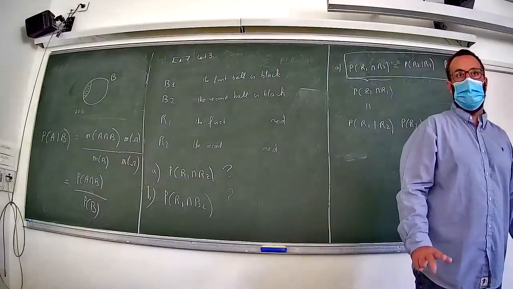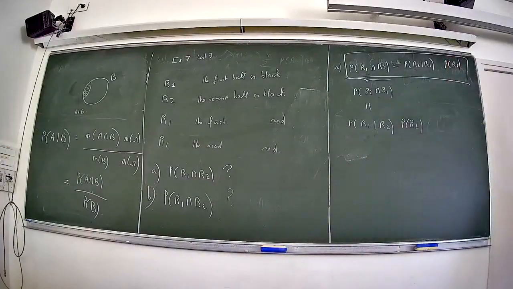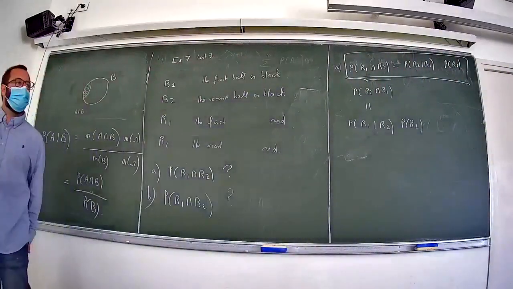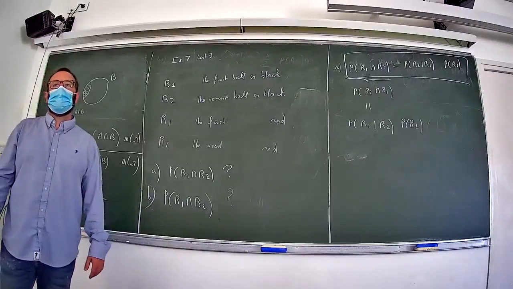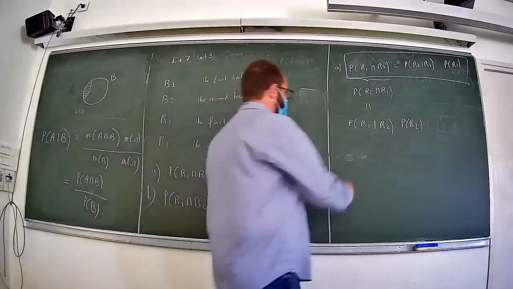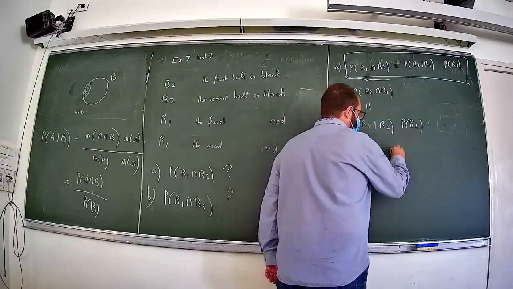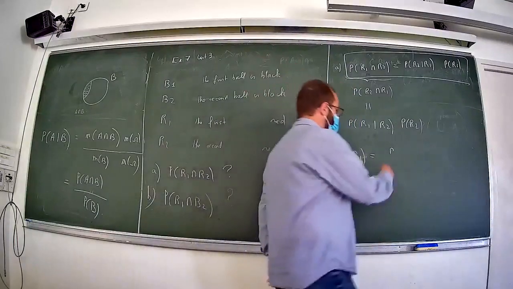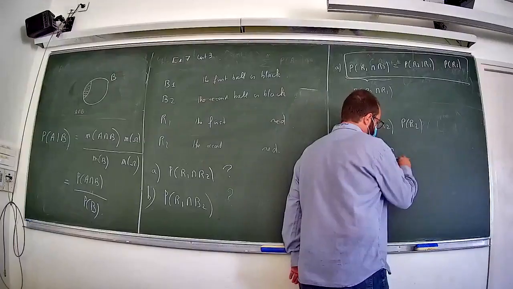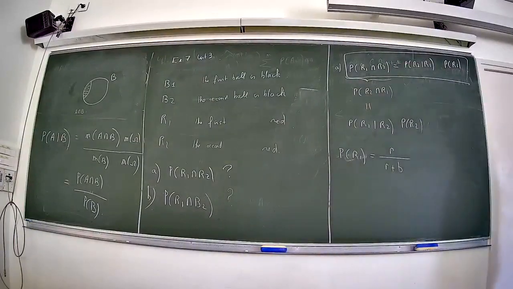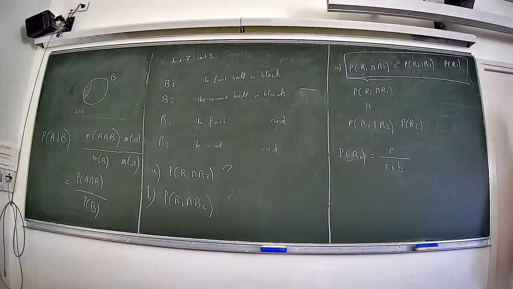R. R1, okay. R1 means the event that I choose the first ball and it is red. So what is the probability that my first ball is red? So P of R1 is equal to the number of red balls at the beginning over the total number of balls at the beginning. This one. R over R plus B. Okay?